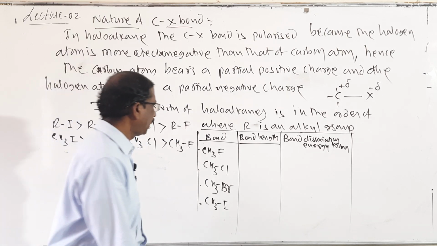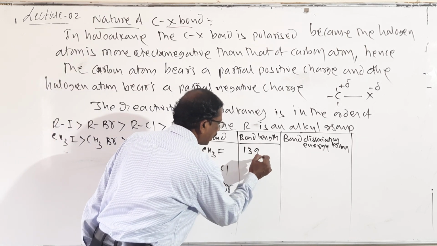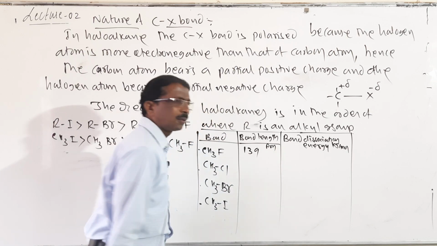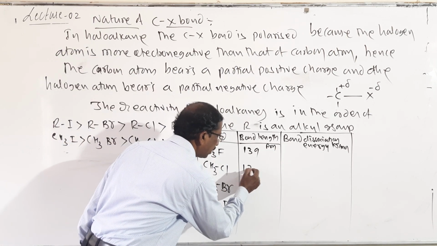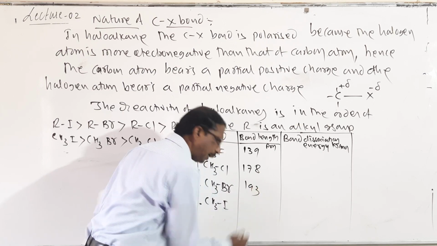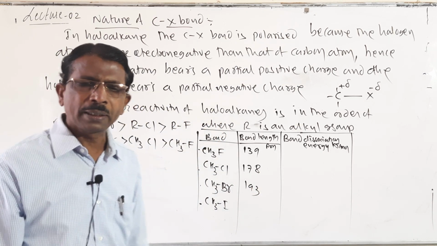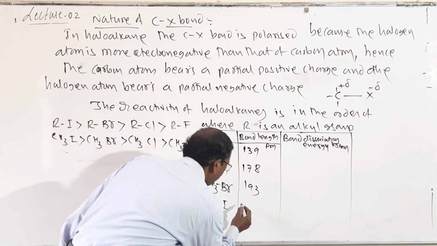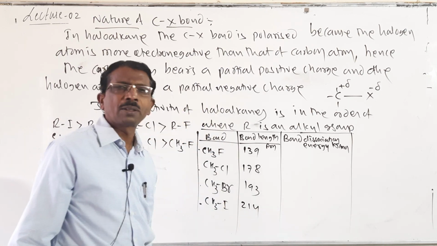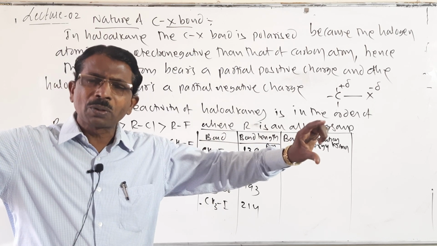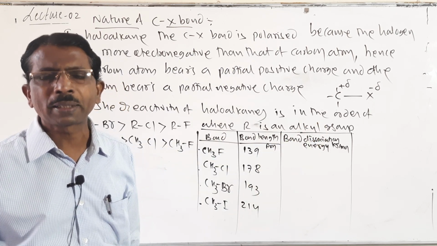So the best example is here: the bond length is 139 in terms of picometer, and 178, and 193. Look here, students, it is 193 and the last one is near about 214. So bond length goes on increasing. As the bond length goes on increasing, we can easily break the bond.